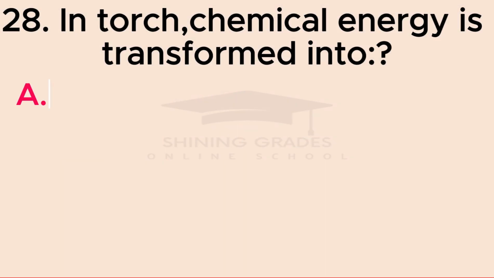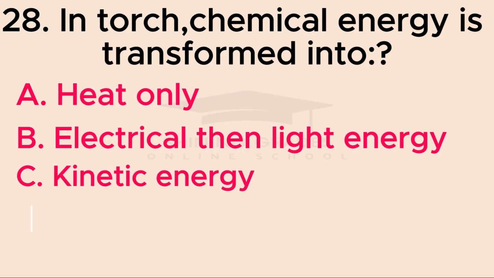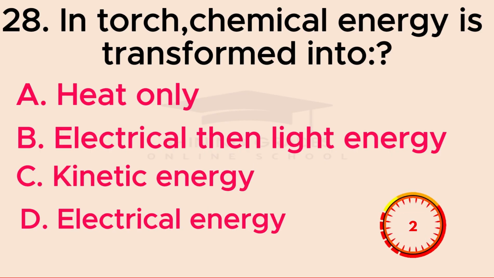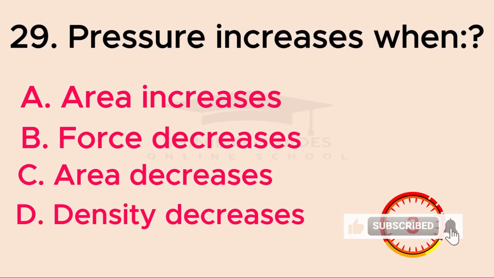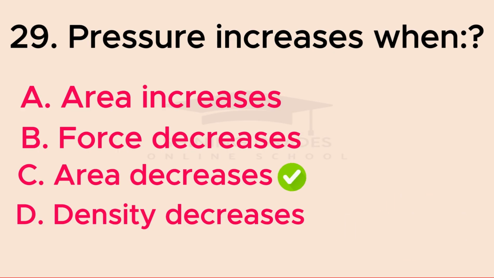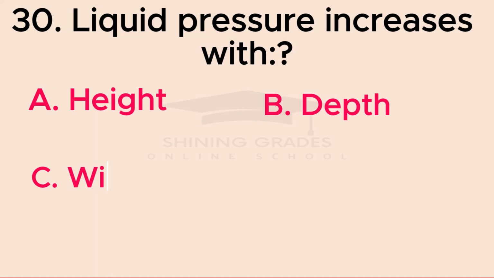Question 28. In torch, chemical energy is transformed into. Question 29. Pressure increases when. Lastly, question 30. Liquid pressure increases with.